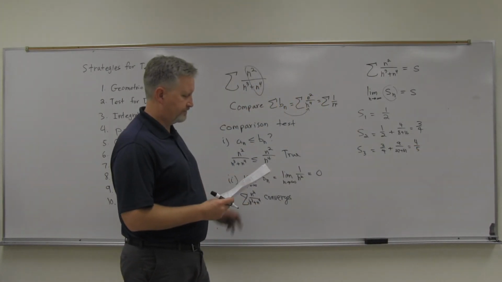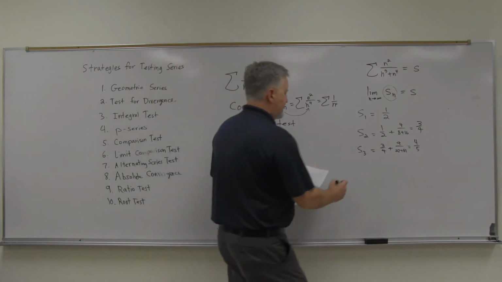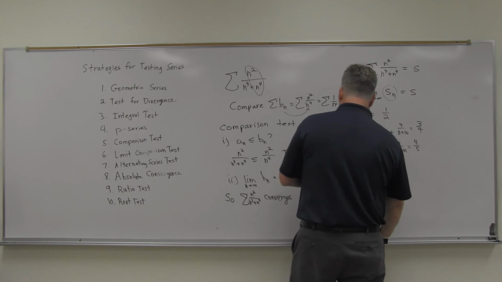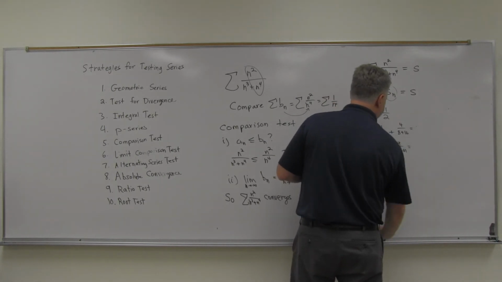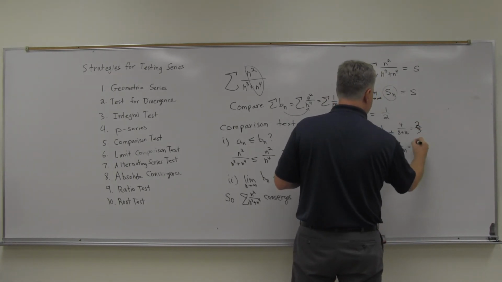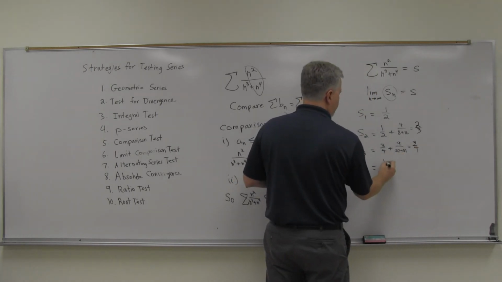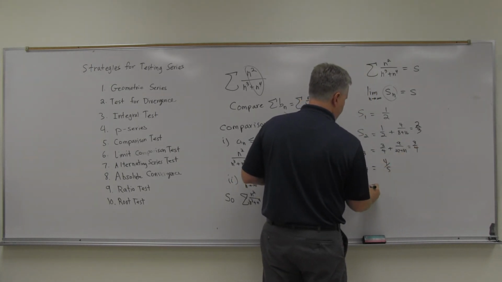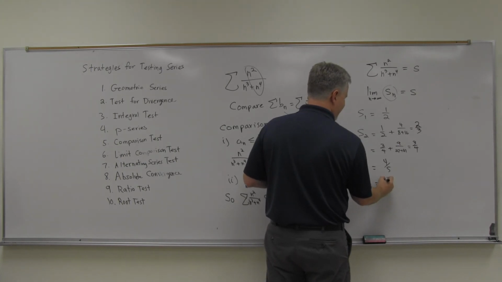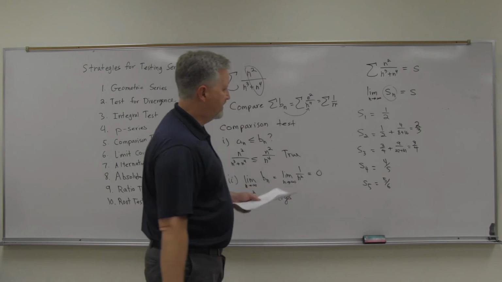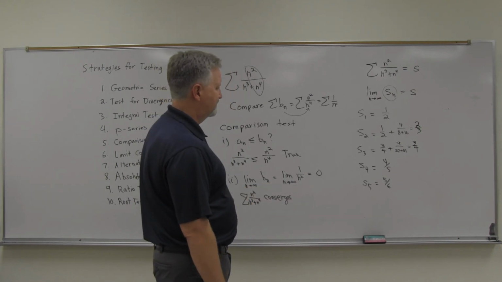You add those all up. Wait, I did that wrong. This one's 2/3. This one's 3/4. The next one, S4, same thing, but it's 4/5. I've done these already ahead of time. S5 is 5/6. Do you see a little pattern there?